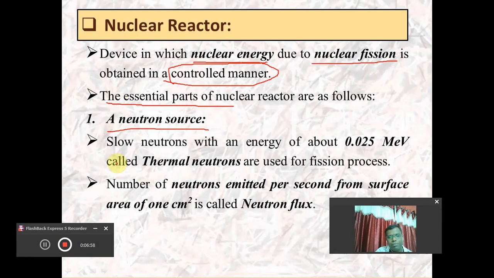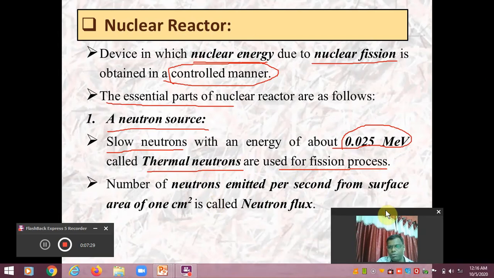Because here there is a simple conversion of heavy nucleus into lighter nucleus whenever it is bombarded by slow neutrons, we will require a source of neutrons. Slow neutrons with the energy of around 0.025 electron volts are called thermal neutrons, and these are used for the fission process.